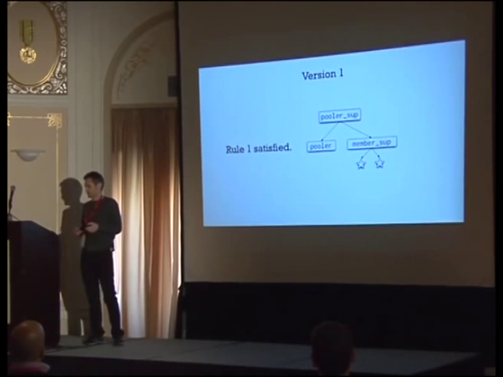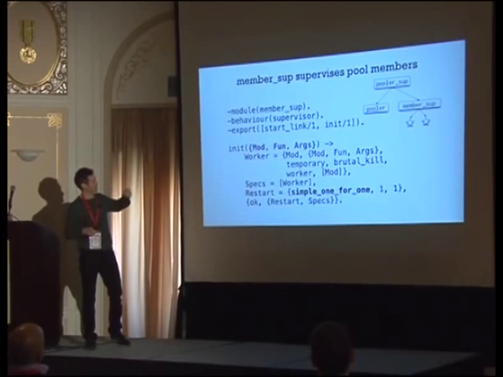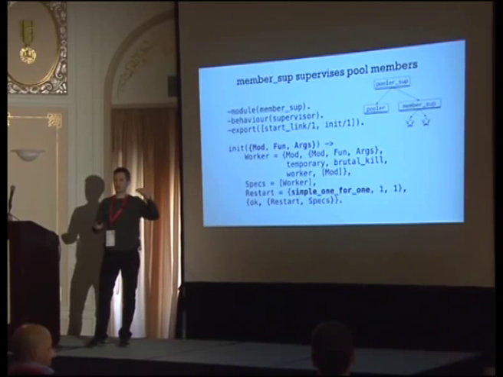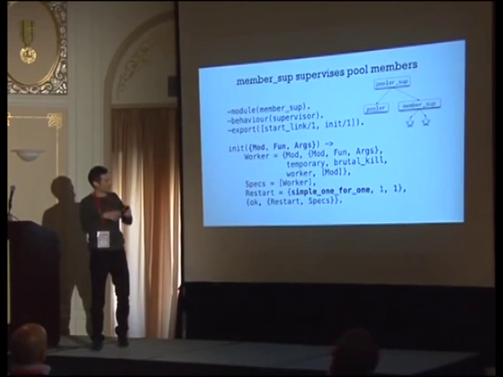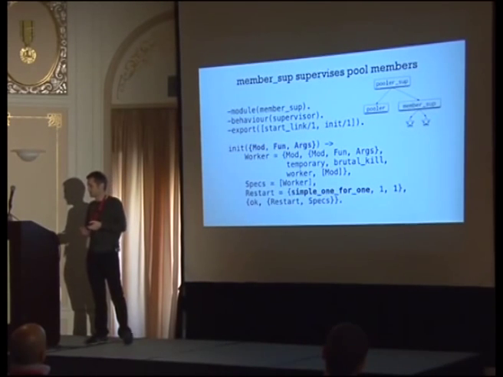That's great. That gets us that rule 1. Just a couple of details because that'll help as we progress. So the member soup is supervising the pool of members, and the important piece there is that you pass into him through the init args the MFA that describes the type of member that you're starting, so that information about the thing that you're pooling is encoded in the supervisor.